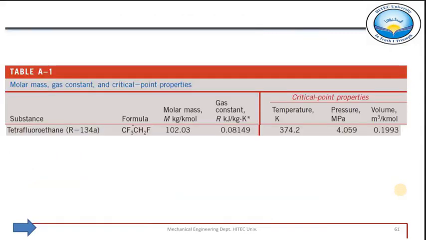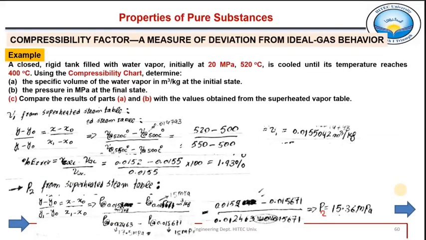I forgot to make a slide, or it is somewhere misplaced. You can calculate the percentage error between this value and V1. This is the V1 which we calculated using the steam table, and we also calculated V1 using the compressibility chart, meaning the Z chart, and then we can find the percentage error between these two values.